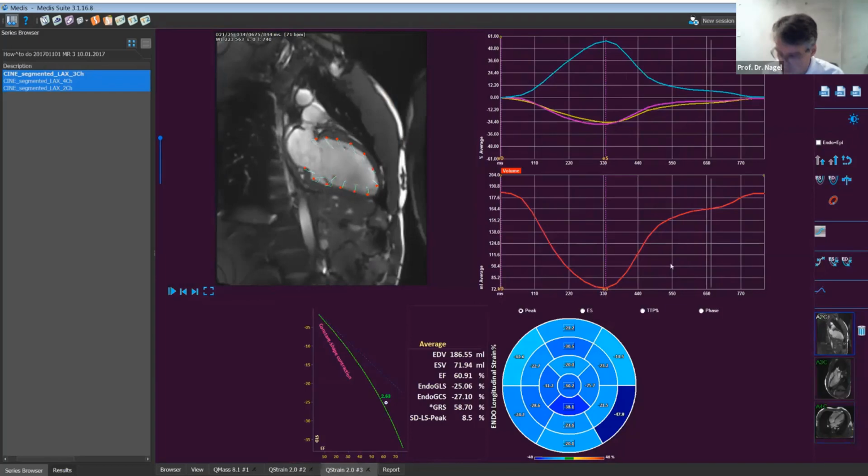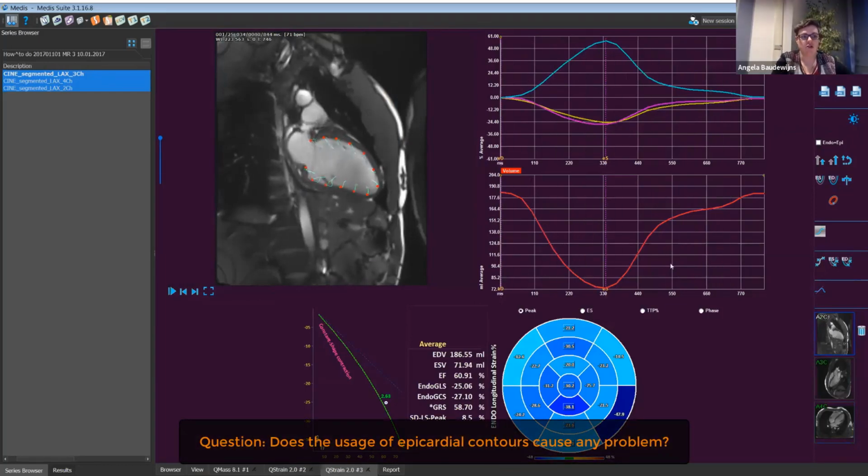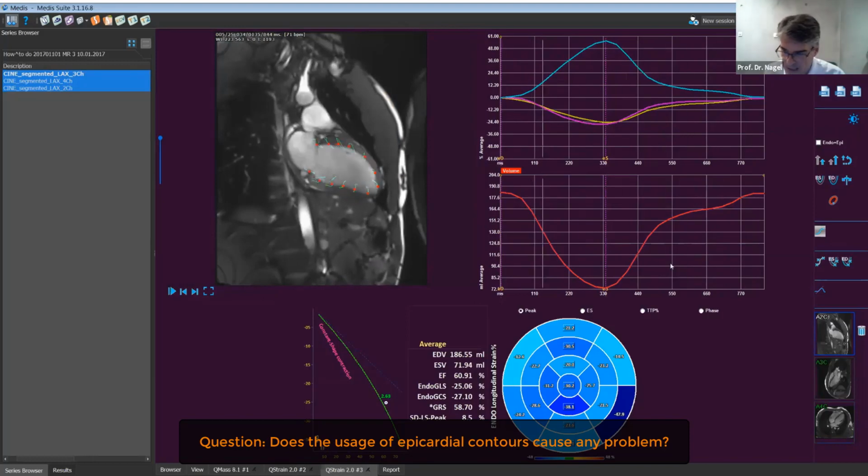with two new contours. Or we have one question, Professor Nagel. Does the usage of epicardial contours cause any problem? I cannot answer that properly because we don't do myocardial thickening or radial strain.